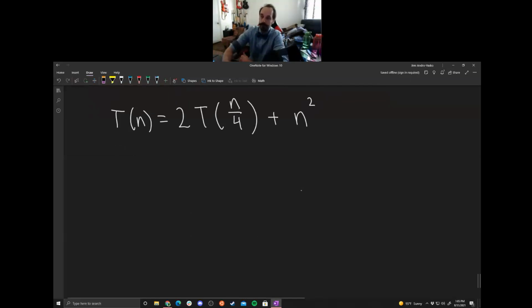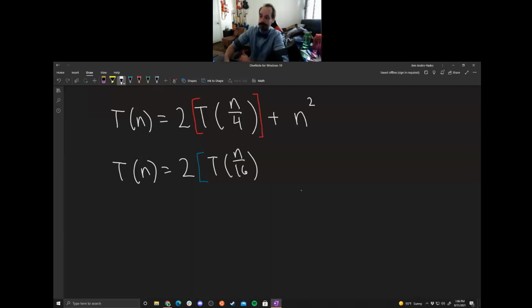Okay, so we have to expand on this. I'm going to plug in n over 4 for n. So we're going to get T of n equals 2 T of n over 16 plus n over 4 squared plus n squared.